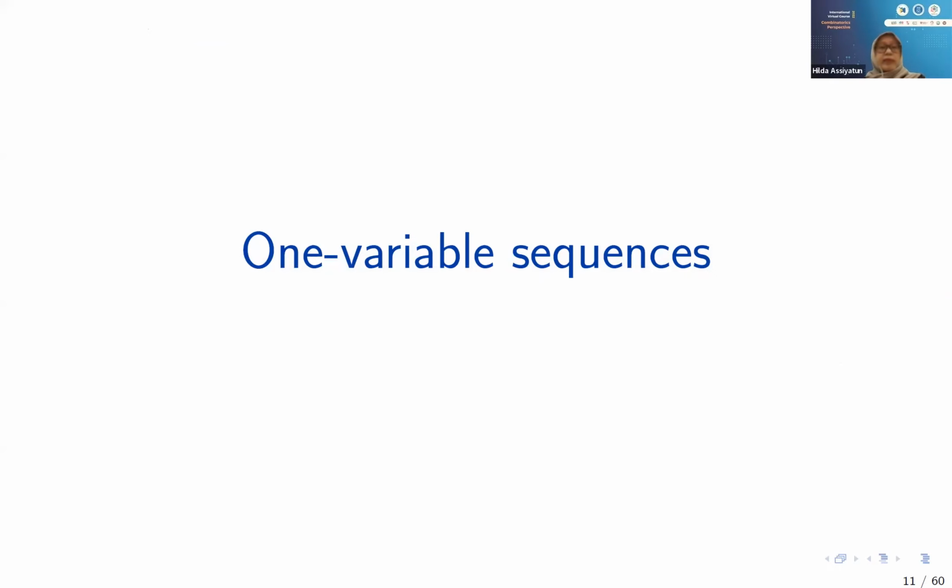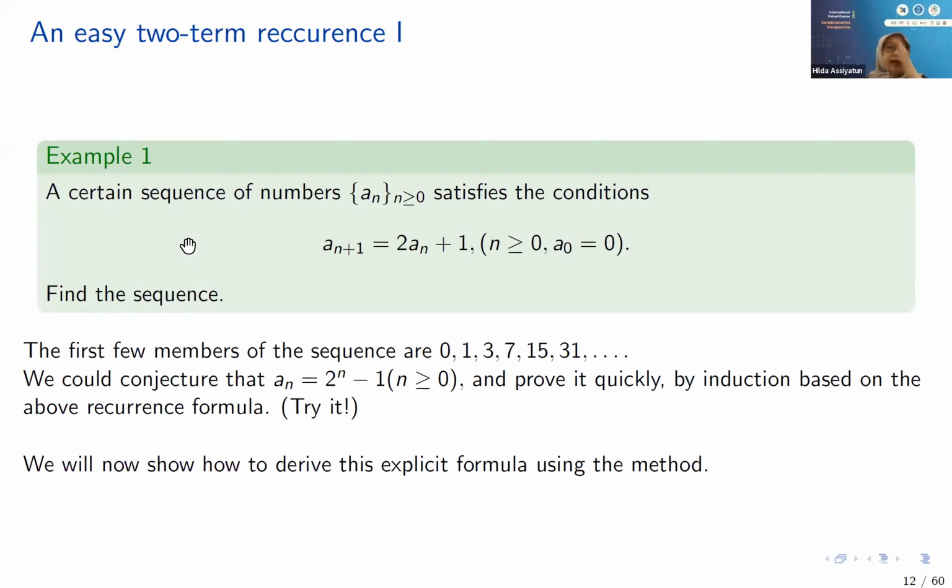We will start with one variable sequences. This is the first example. We have a sequence a_n that satisfies the recurrence formula a_{n+1} = 2a_n + 1. This is valid for n at least 0 with a_0 = 0.